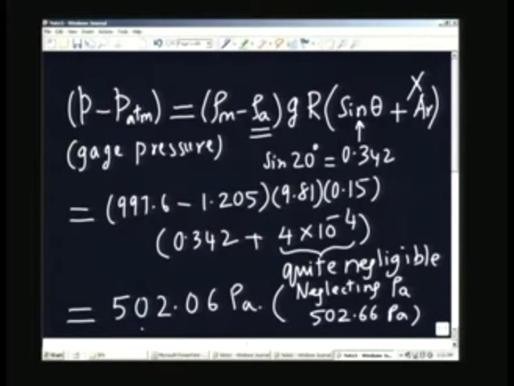So, you get 502.06 if you do not ignore the density of air, and if you neglect it, you get 502.66. Actually, by neglecting the density of air, you are overestimating the pressure by a small amount. In this case, it will be about 0.6 Pascal. So, the error in neglecting is plus 0.6 Pascals.